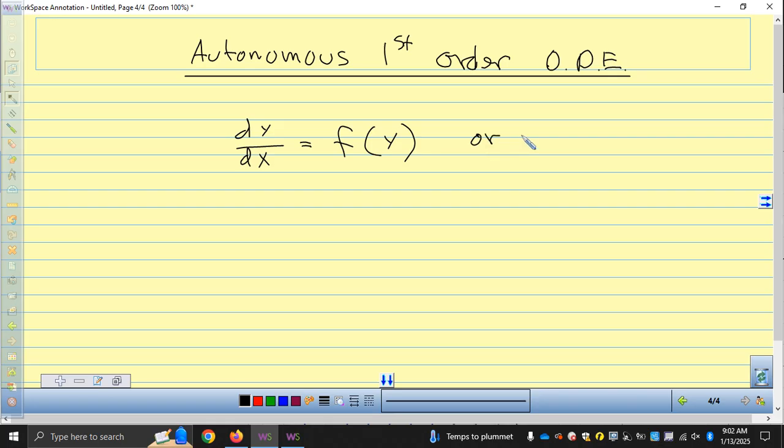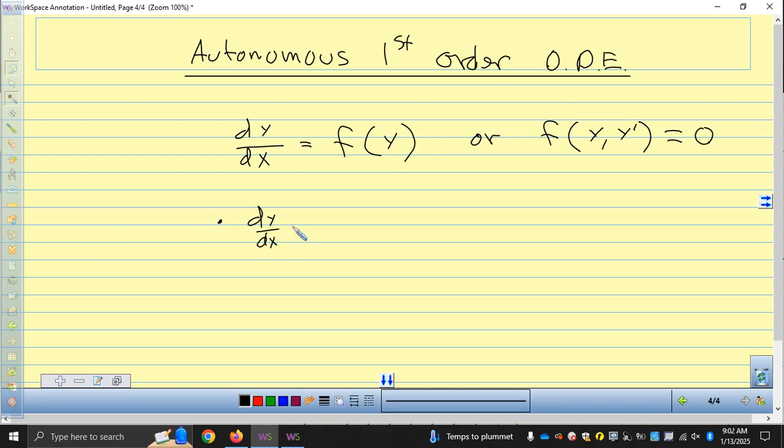Or, if I write it in our other form, f of y comma y prime equals 0. So this is a function of y only. So this is an autonomous first order ordinary differential equation.